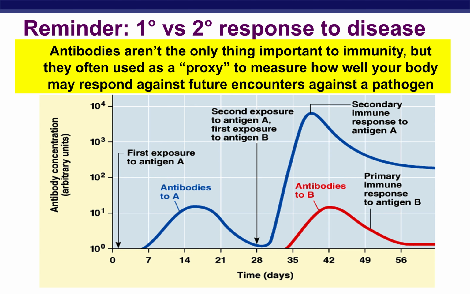Generally, if you've made a lot of antibodies, you've also made a lot of B cells, and usually a lot of T cells, like helper T cells, to activate your B cells. People use antibodies as a proxy because they're really easy to measure in your blood, while B cells and T cells are not.